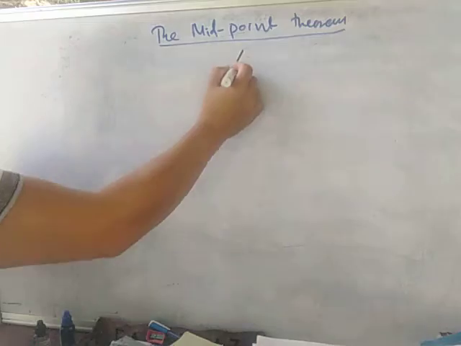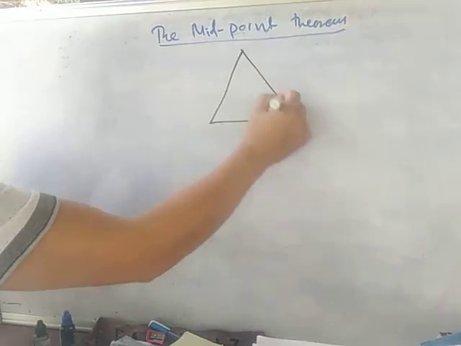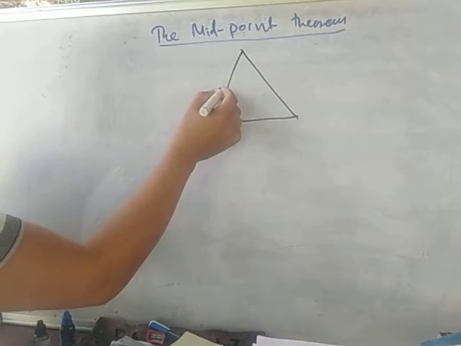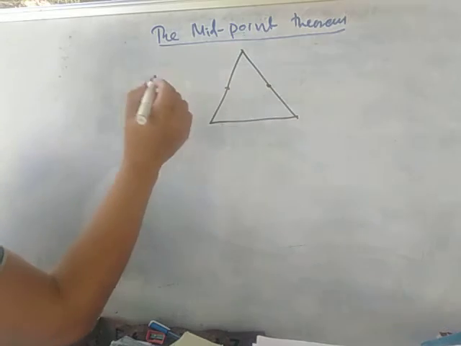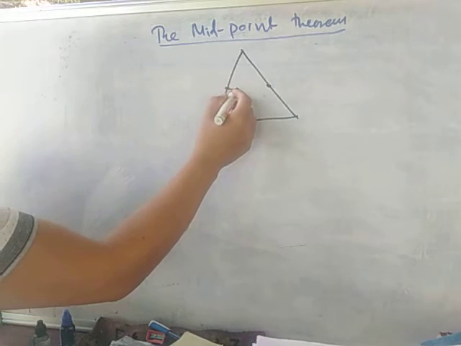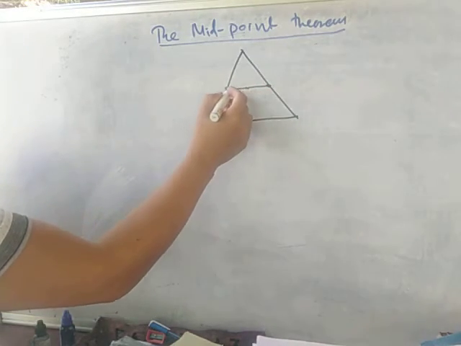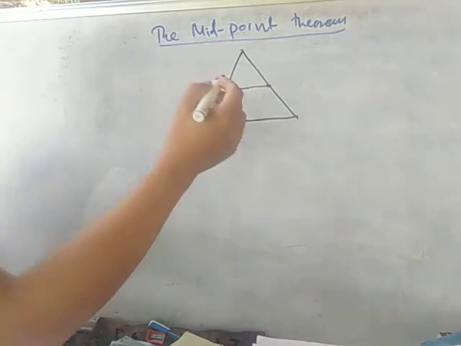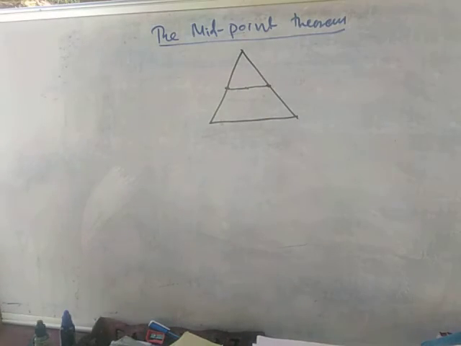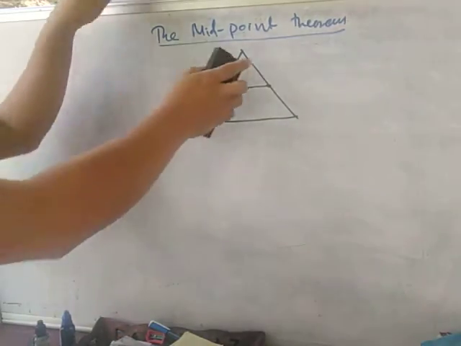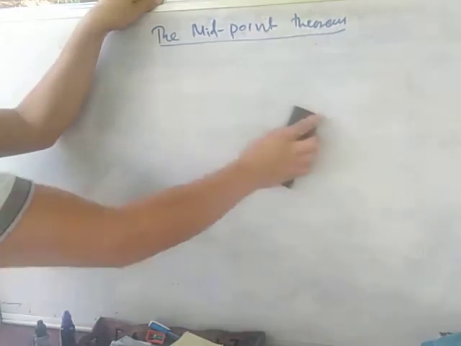If I have a triangle and I draw a line through these midpoints, then this line is parallel with this side. This is what the midpoint theorem says. So let's see how this happens. Let's write down the first theorem.